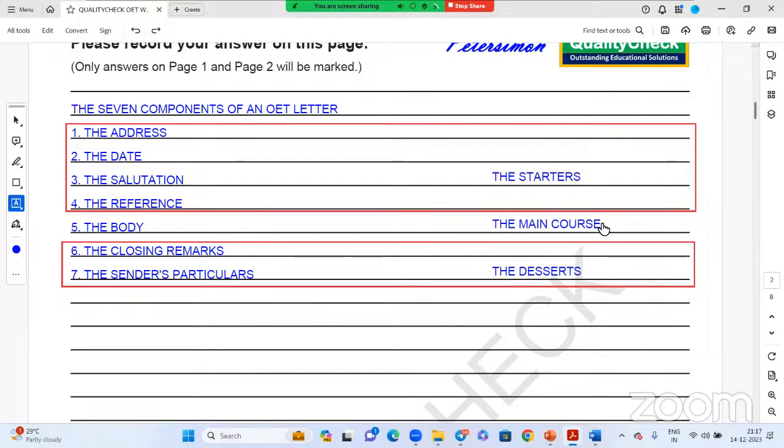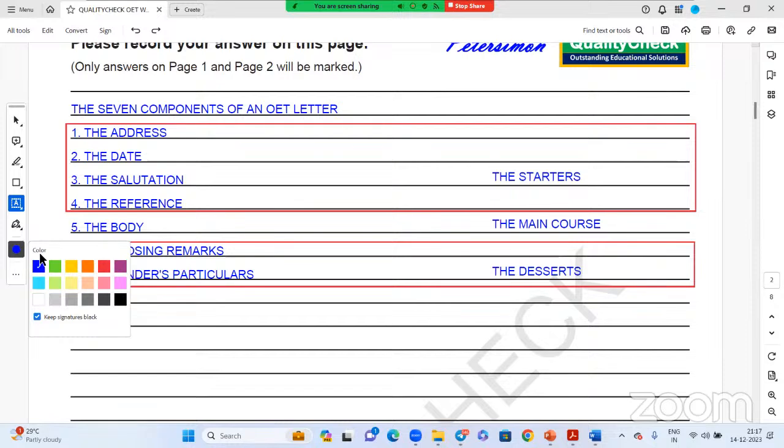Okay, so the main course, we can take it as main course.